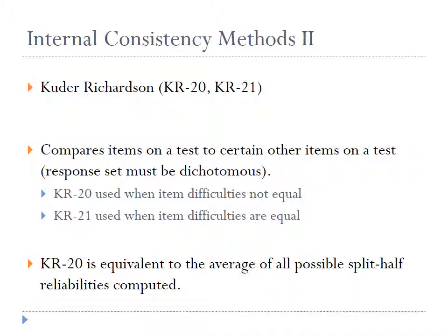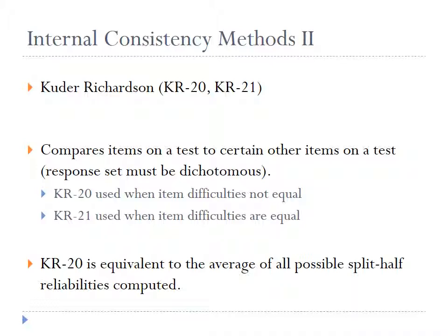There is a computer-based program that will help you in determining KR20 or KR21 values. The reason for the 2 instruments is to take into account item difficulty. The KR20 is used when item difficulties are not equal.